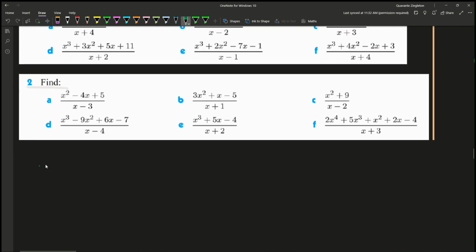It's just the same steps. All right, D. So we want to set it up like this: x plus 2, x cubed plus 3x squared plus 5x plus 11.